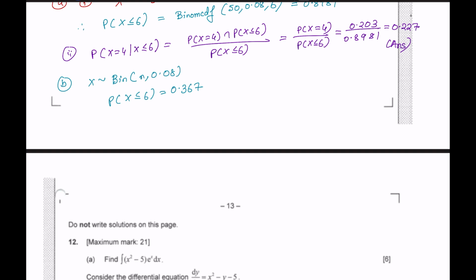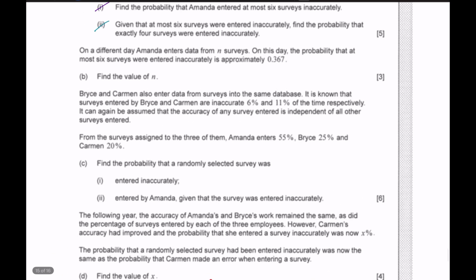When I try 94, I got exactly 0.3667. So when n equals 94, we got P of x less than or equal to 6 as 0.367. So the answer would be 94 trials. That's part B.